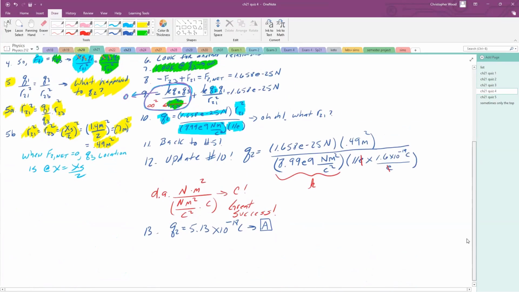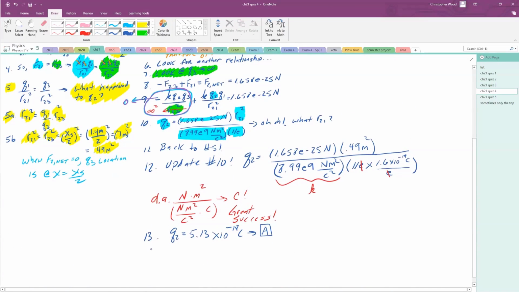Okay, so I'll do that. So I'm taking my result for Q2, and then I'm going to convert. I have to convert from coulombs to fundamental charge units. So once again, here's that conversion factor times one fundamental charge unit over 1.6 times 10 to the minus 19th coulombs.